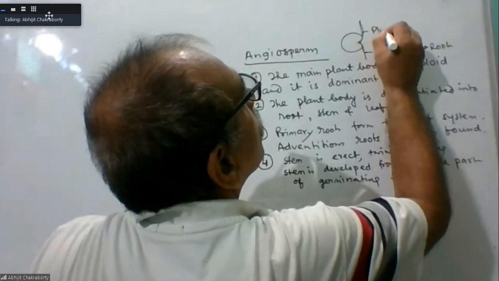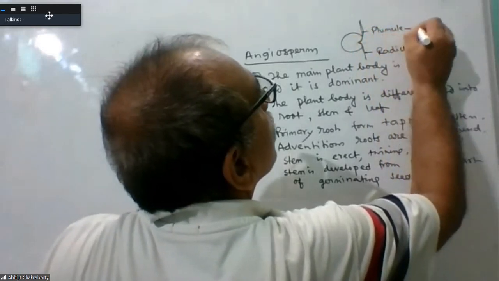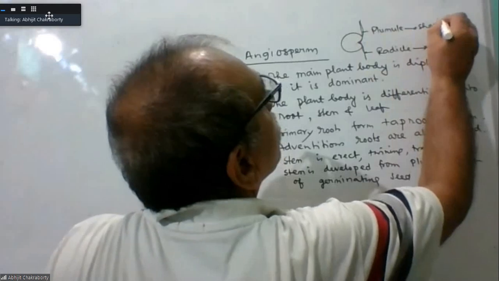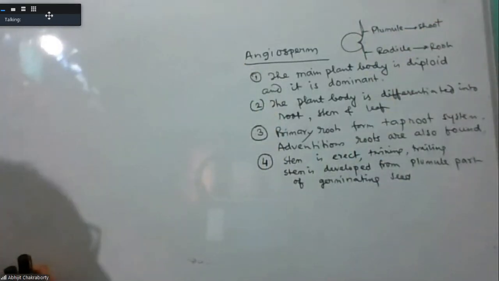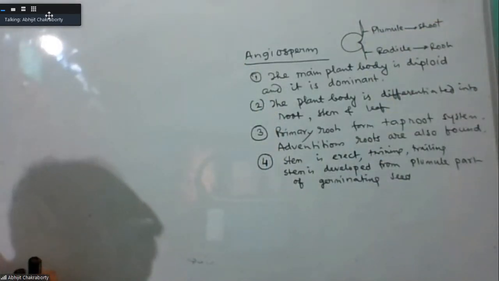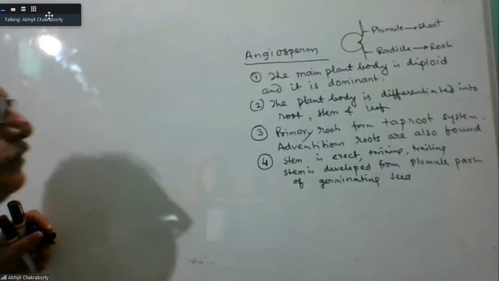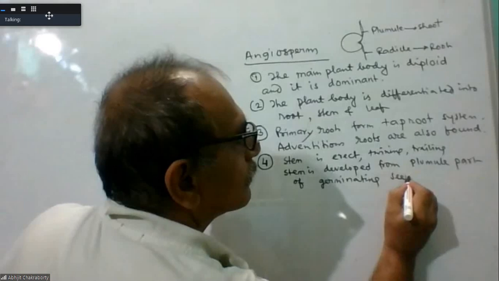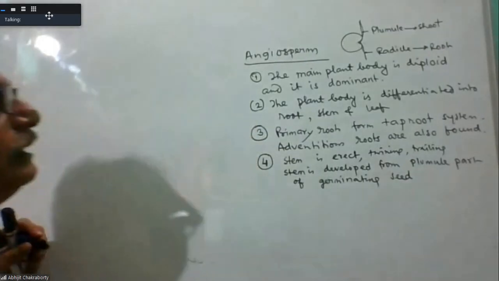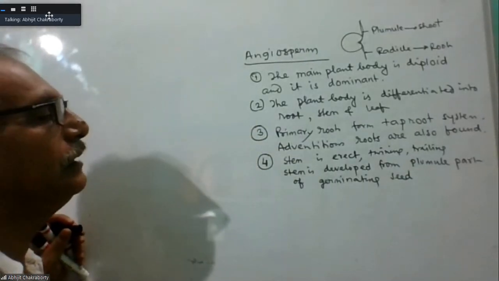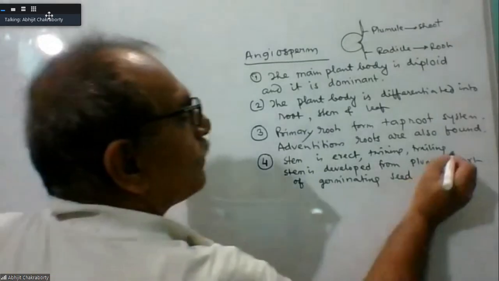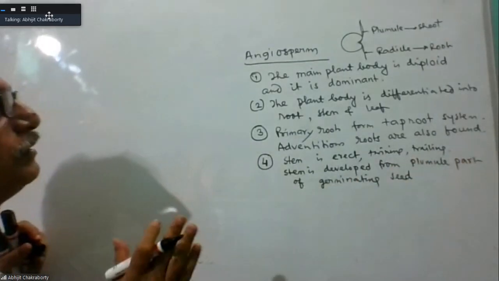This is the plumule, which gives rise to shoot. Radicle gives rise to root and plumule gives rise to shoot. Stem is erect, twining, trailing. The stem is developed from the plumule. So this is what happened.